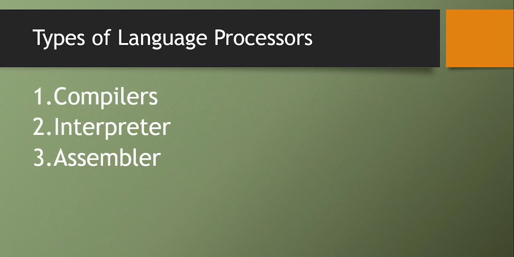Now, there are three types of language processors. The first one is the compiler, which is most prominent, and the second one is the interpreter. The interpreter has its dominance in the Python language, and the third one is the assembler. System specific programming can be done in assembler.